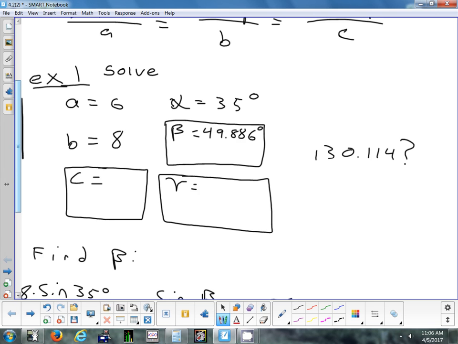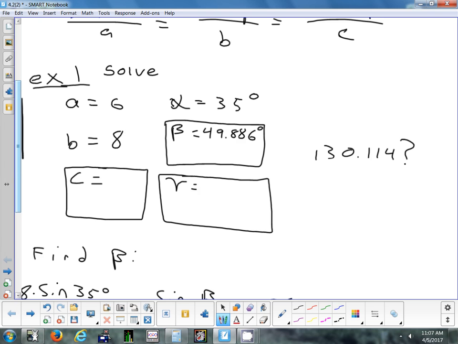Think about, what were we given? Yeah, Miles? We were given a 35, and we're asking if you could fit the second answer with a 35. Yes, because if you add 130 and 35, it's only 165. So the second answer works.